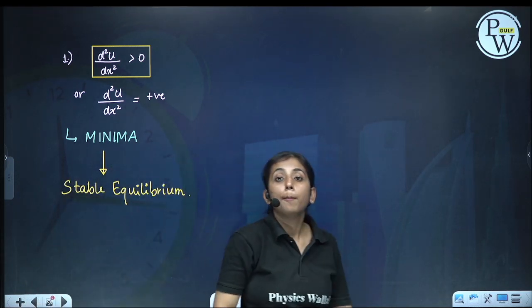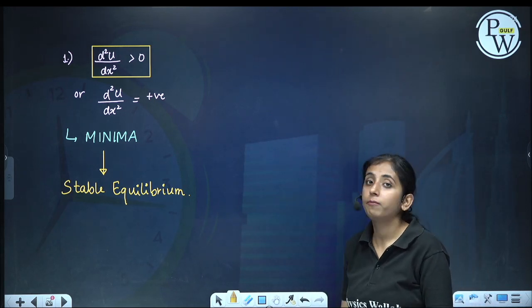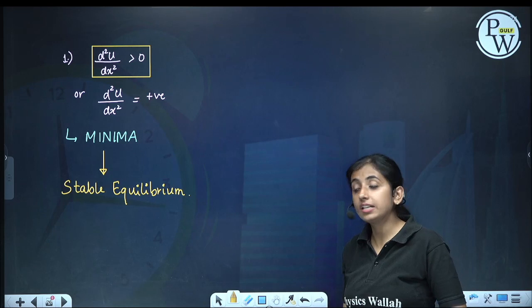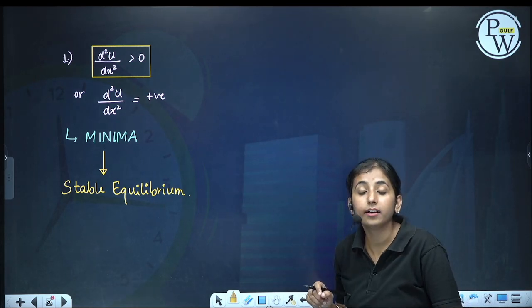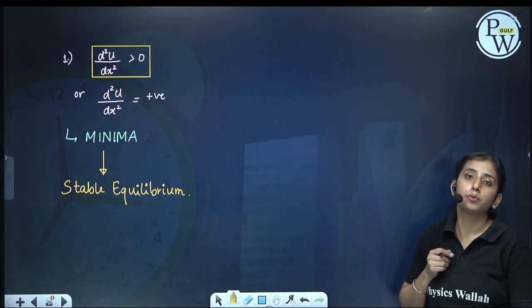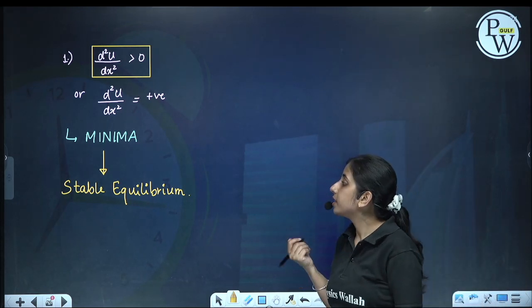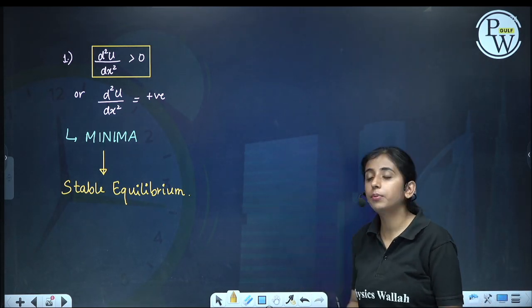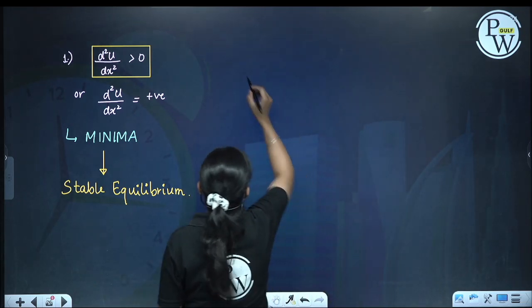On disturbing the particle, forces will act in a manner such that they bring the particle back to its equilibrium position. It will try to regain its equilibrium position. That's why it is called stable equilibrium.